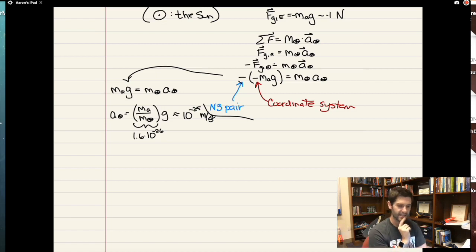So this is 11 orders of magnitude smaller than what we could best detect in a lab with fancy equipment. So we do not feel the Earth move as a result of the apple falling towards the Earth. And that's probably for the better. Newton's third law.